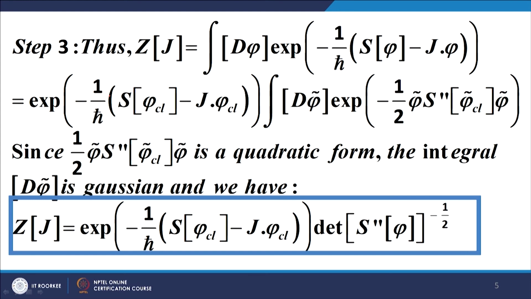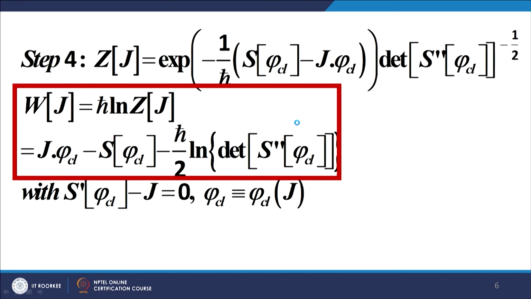Recall that the first order term is missing because of the saddle point requirement. Now, if you look at the expression inside the path integral, it is nothing but a Gaussian integral, a quadratic form, and therefore it can be done straight away, as a result of which the expression for z j is the expression that we get in the blue box right at the bottom of your slide. So, this is step 3.